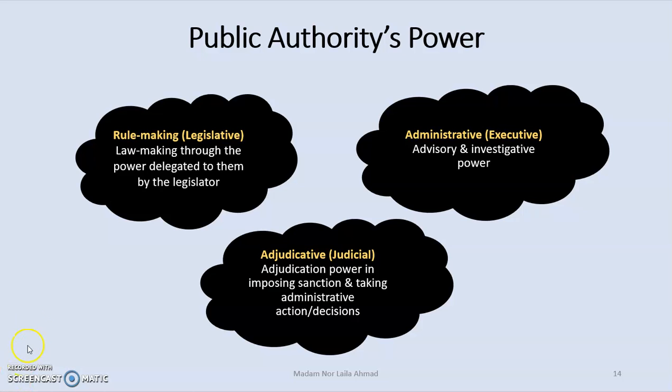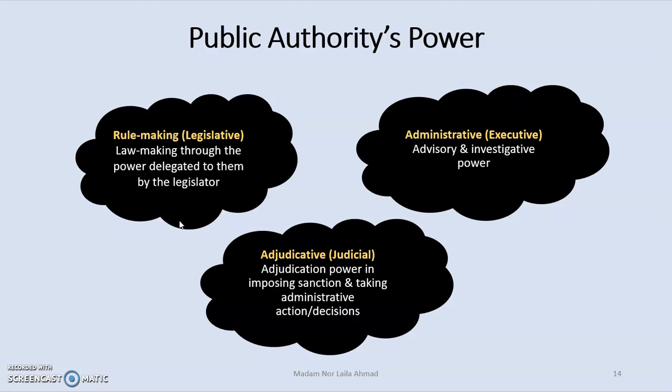Okay, now let's move on to the public authority power. As we know, the government is made up of many public bodies. So they have a variety of functions and powers, and they are created mainly by the legislature.